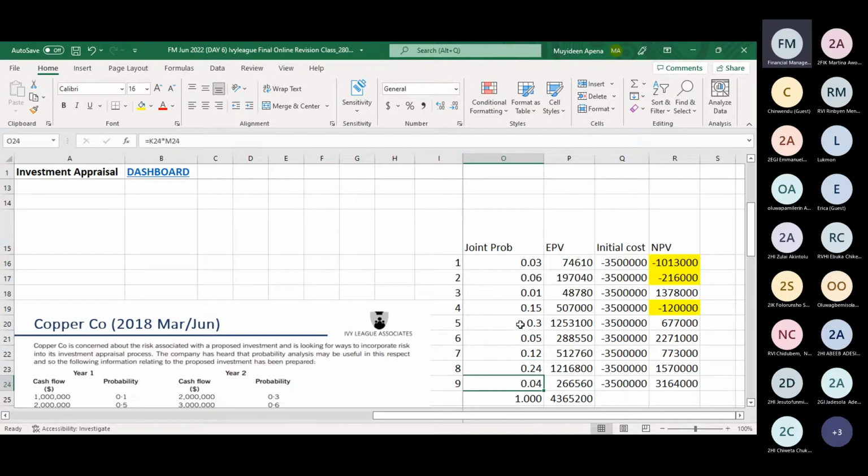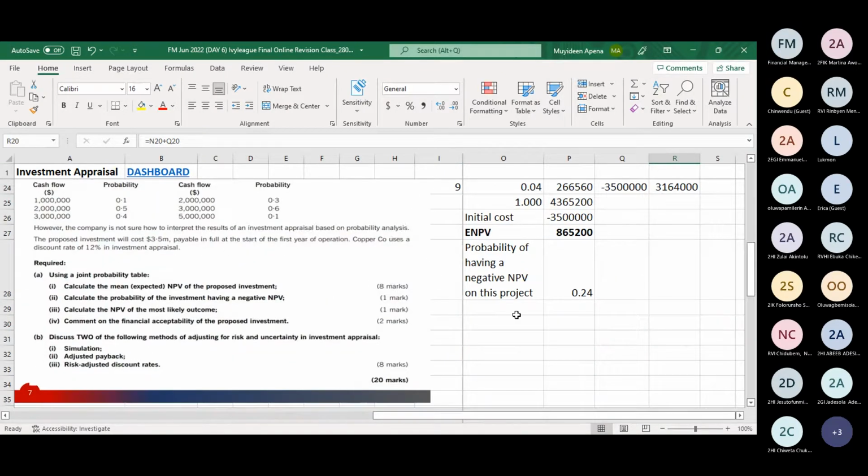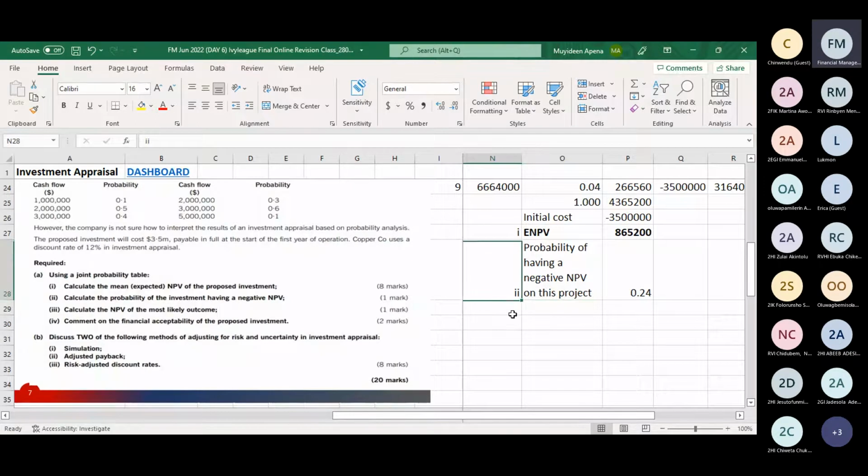The most likely outcome is that outcome that has the highest probability. Likelihood of occurrence is in probability. So this particular scenario is going to produce 30% chances, which is the most likely occurrence. And the NPV is 677,000. That's Roman figure 3.